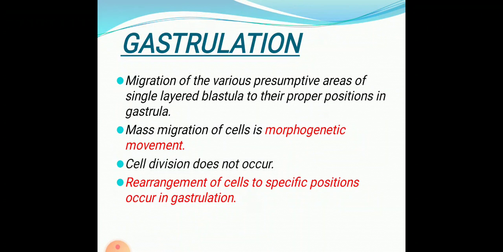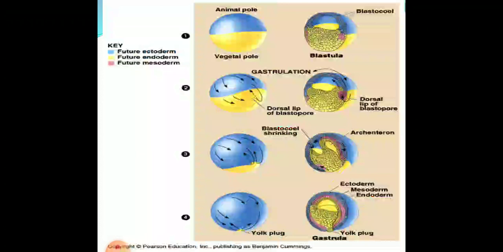The morphogenetic movements bring out a definite shape to the embryo, hence the name. The morphogenetic movements are of two types, namely epiboly and emboly.